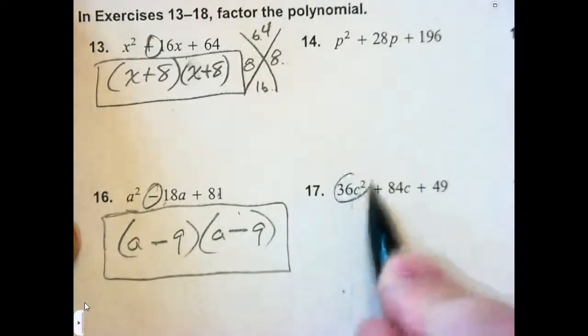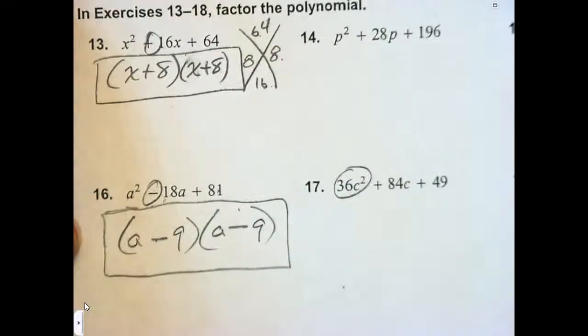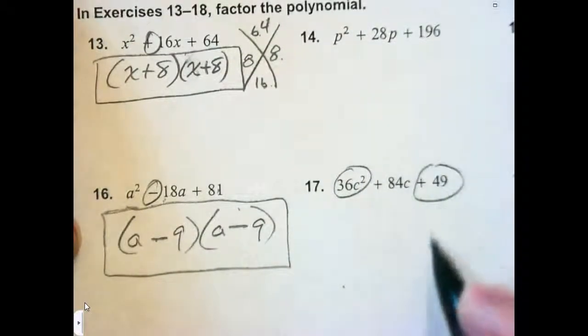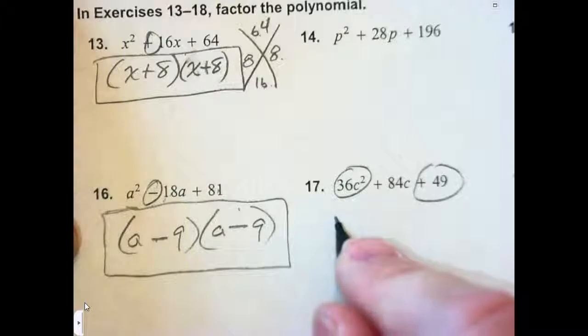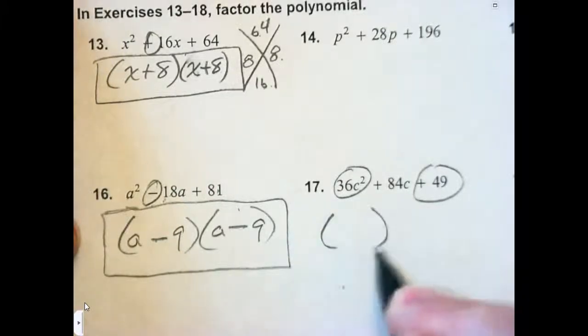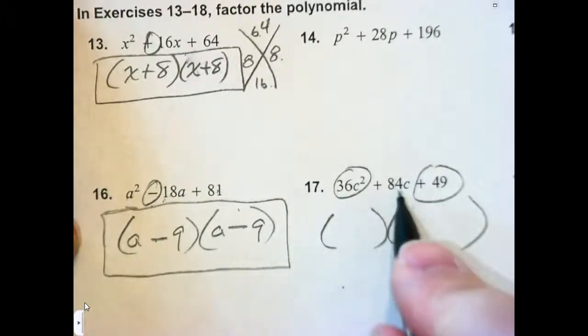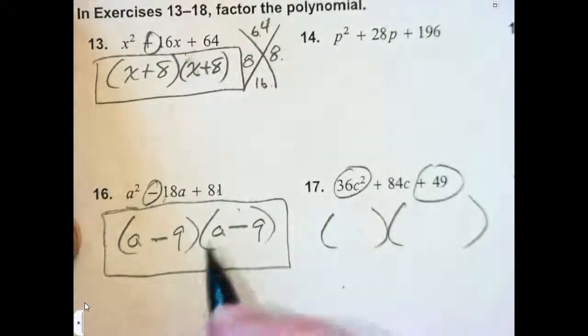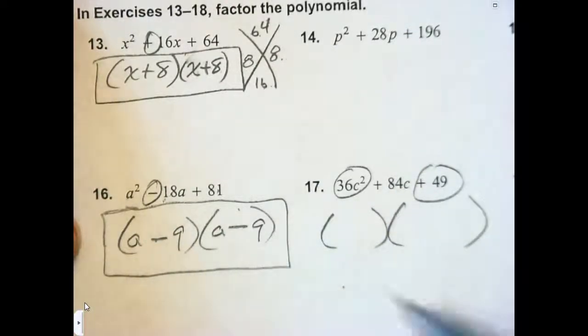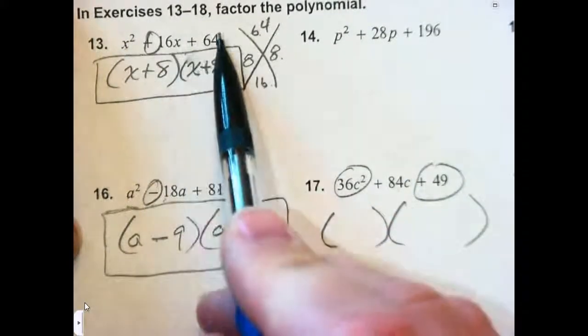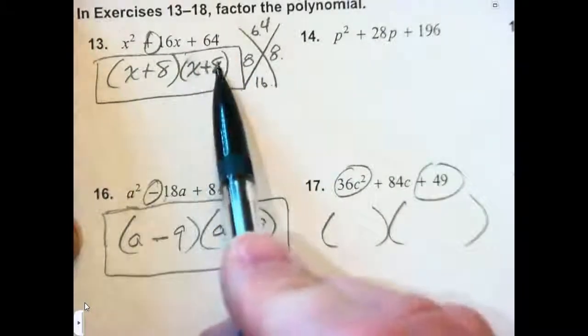Is this a perfect square? Is that a perfect square? The only thing we really haven't paid attention to is what happens with the middle term. Not every perfect square is going to work like that. Just because it has a perfect square in front and in back doesn't mean you can write it like this.